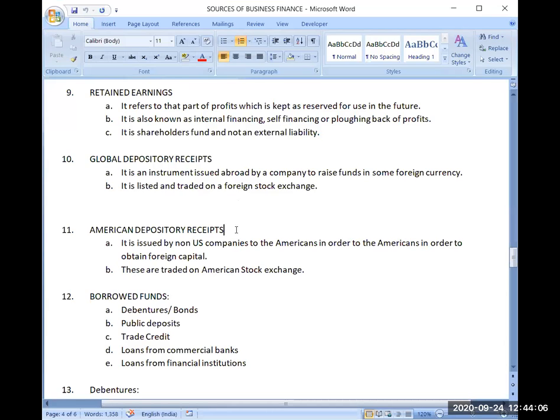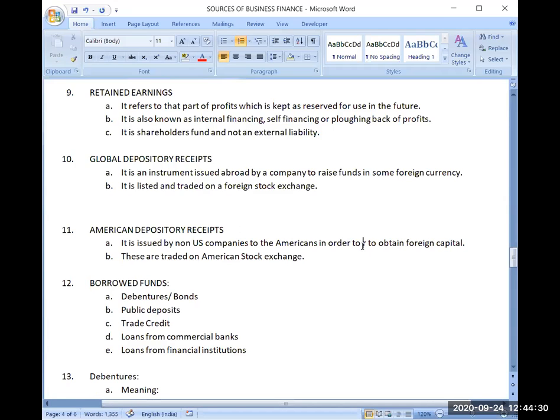It is issued by non-US companies. So the companies which are not registered in the USA, those companies can issue American depository receipts to the Americans in order to obtain foreign exchange, in order to obtain foreign capital.